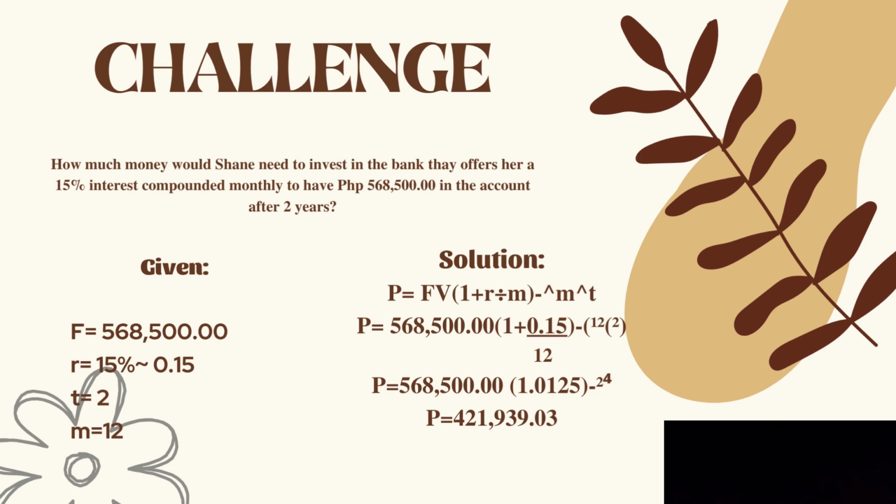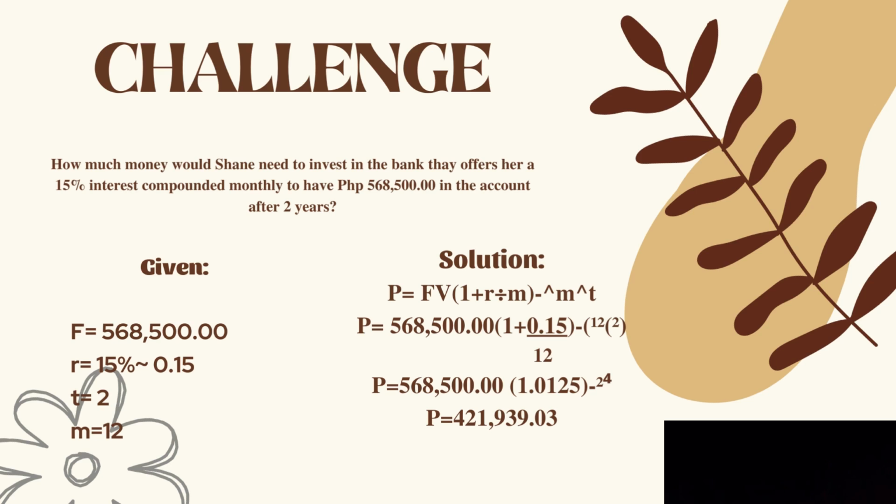Next step is you'll be dividing 0.15 by 12 and then it's equal to 0.0125, and then after that add 0.0125 to 1, and then it will be equal to 1.0125. Write it down and then multiply the two exponents to each other, which is 12 and 2.